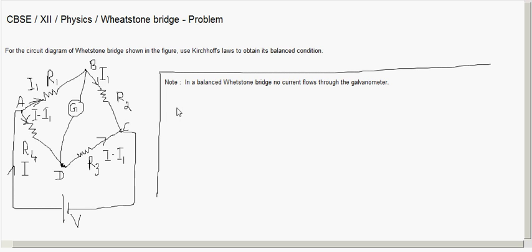Now consider the loop ABDA. Applying KVL, A B D A. First comes I1 R1, and according to sign convention it is minus I1 R1.